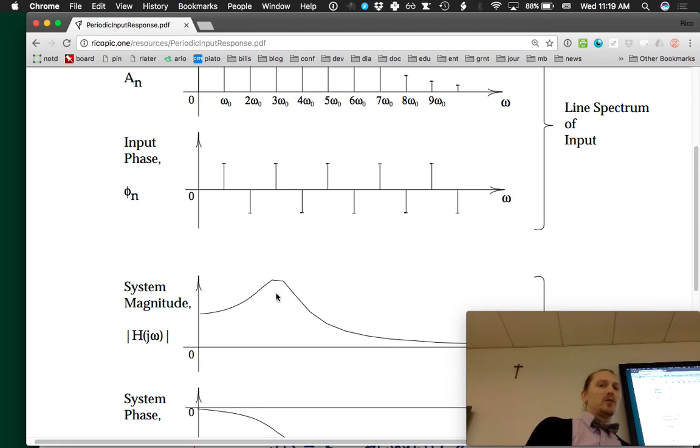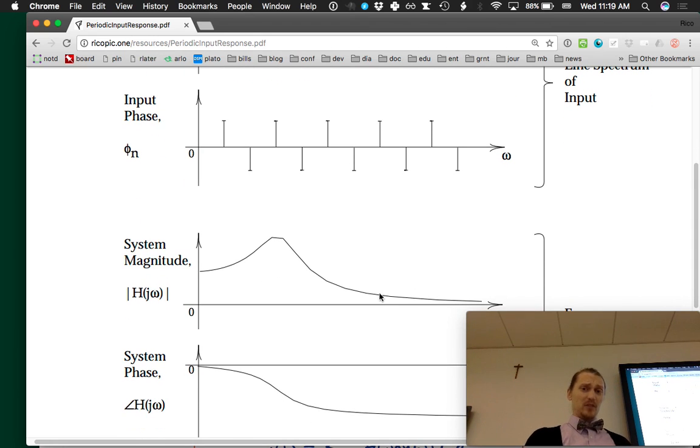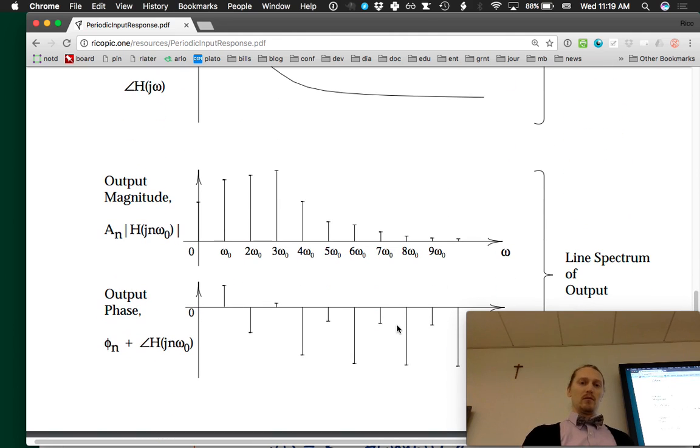So the magnitudes around here should grow, and then out here they should shrink, just get smaller. Sure enough, the magnitude of the input is larger here, and then they decrease as you get higher. So it's filtering out the higher frequency magnitudes.